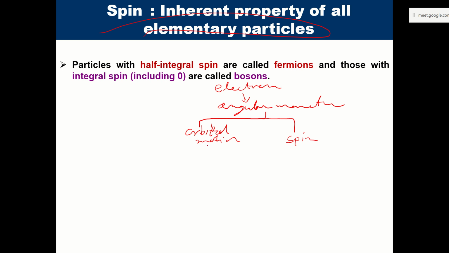So you can talk about the magnitude of angular momentum, which is given by under root s.